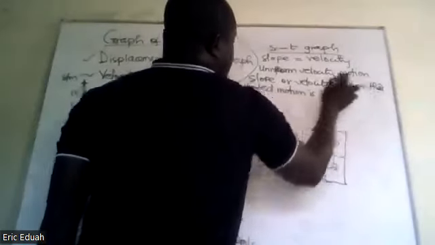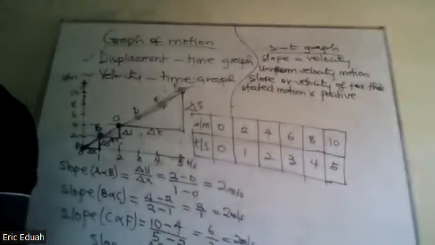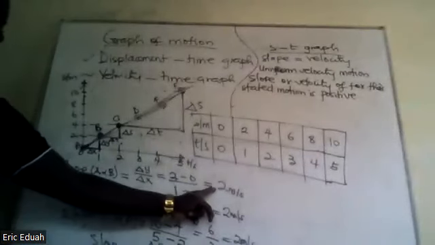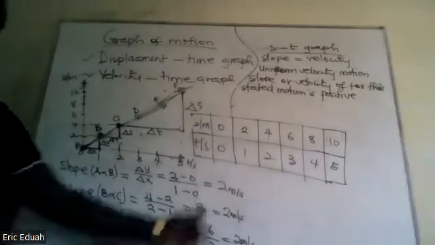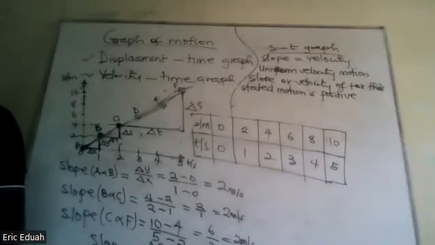It means that this speed or velocity is a positive speed or velocity. When we measured, we had 2 meters per second for all. All right.